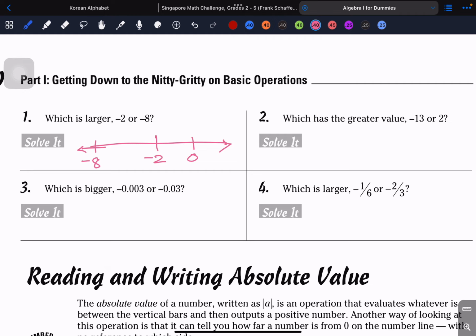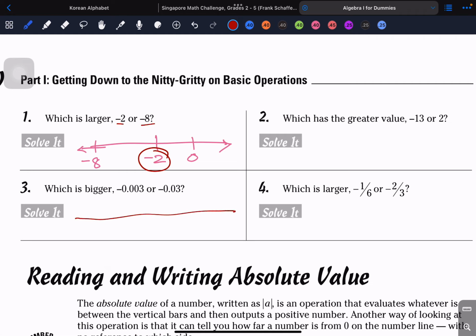The more that the number is near to 0, that number is larger. So, in this part, si negative 2 ang pinakamalapit kay 0. Kaya naman, siya ang larger between negative 2 and negative 8.